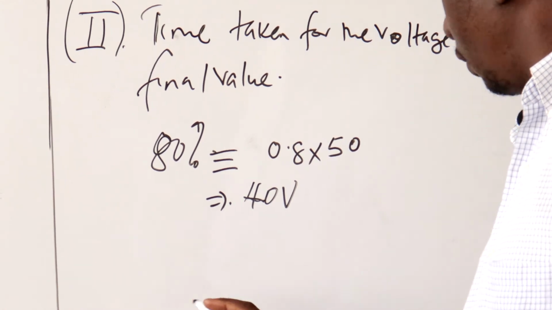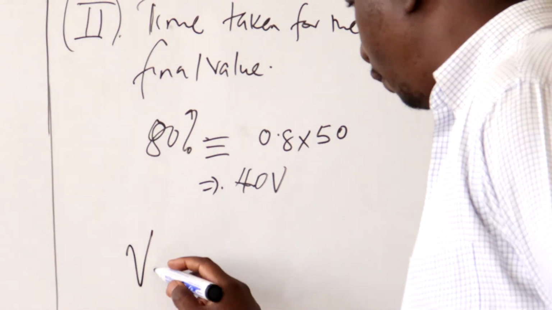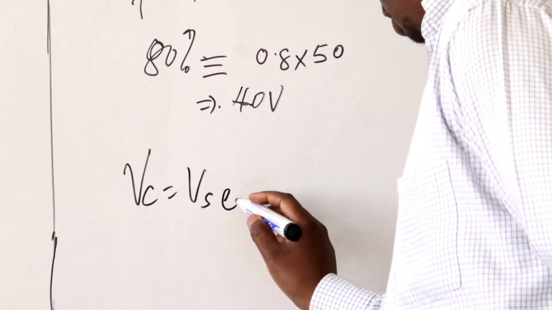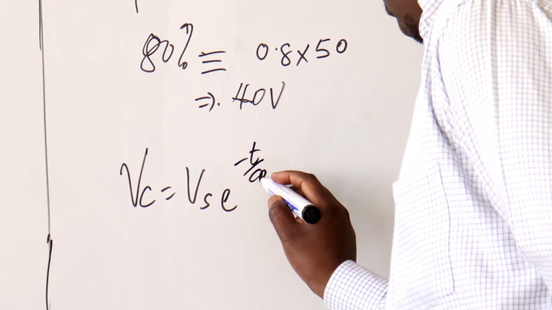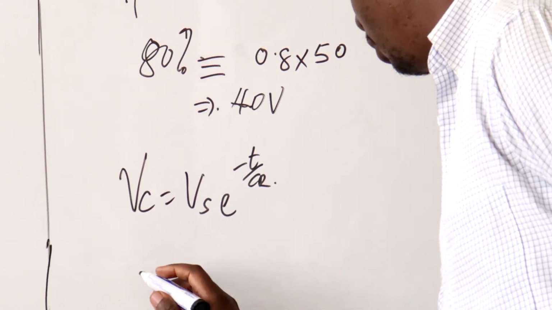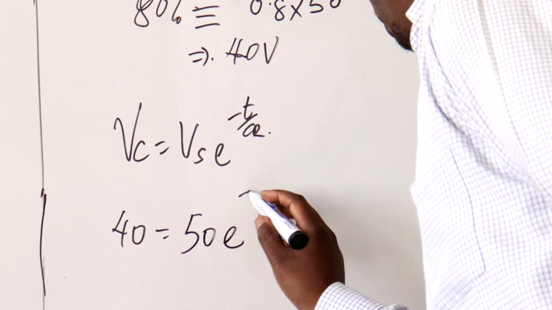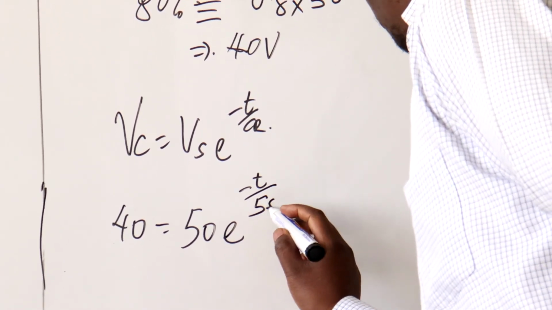So we know that when the capacitor is discharging, Vc is supposed to be Vs e^(-t/CR). Remember our formula: Vc is given as 40, and Vs is 50. The time constant is 5 seconds here.